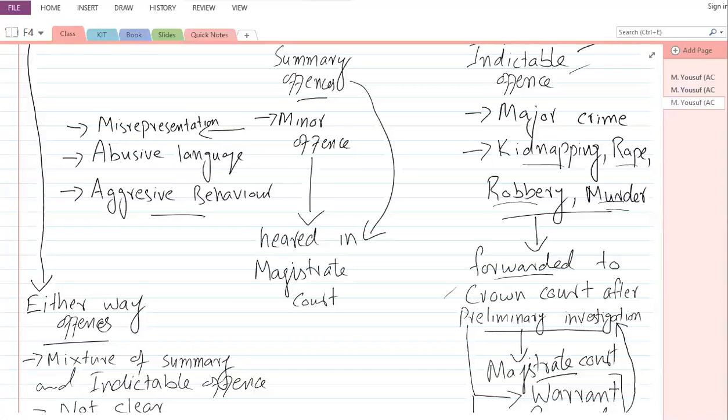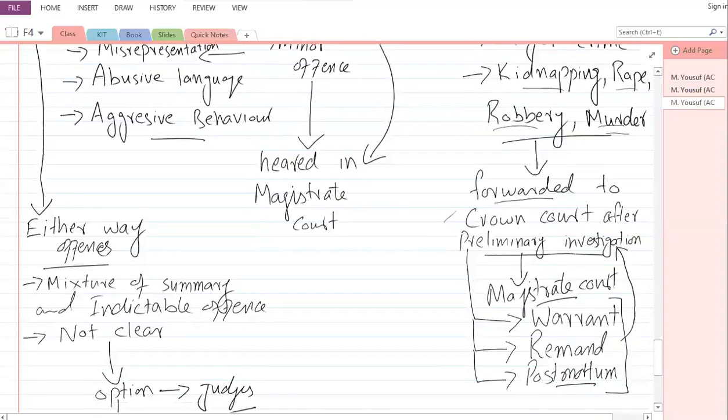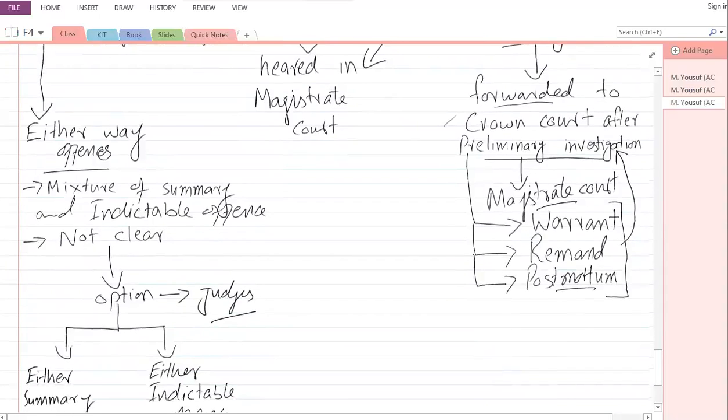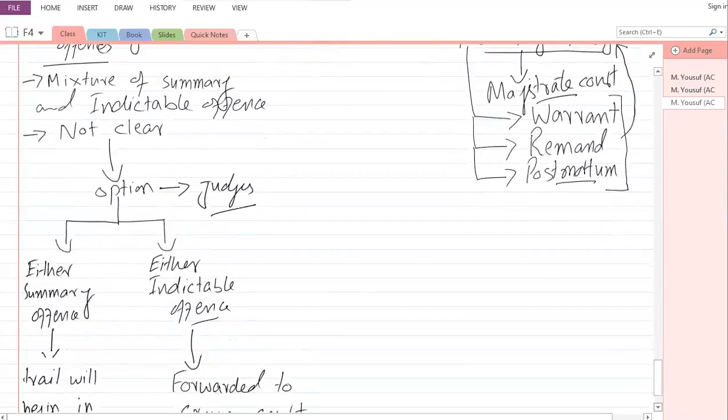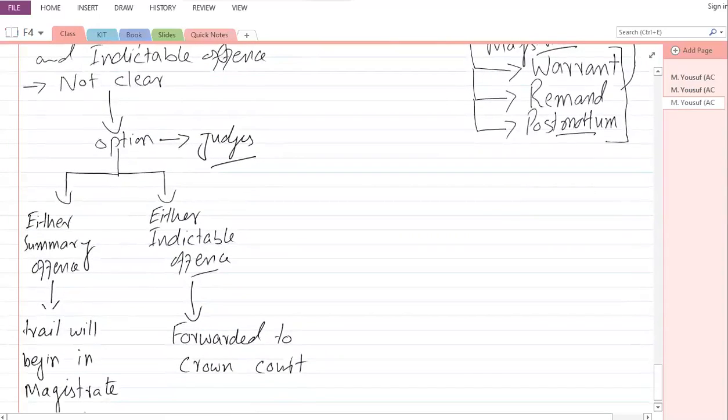Same is the case here. Either way offences, if judges opt for summary offence, they will be tried in magistrate court. But if they choose these cases to be indictable offence, they will be forwarded to Crown Court, as was the case in normal summary offences and indictable offences.